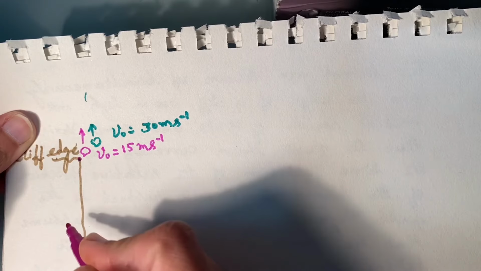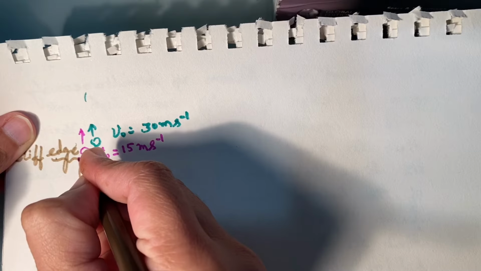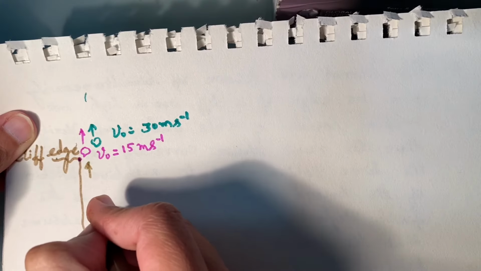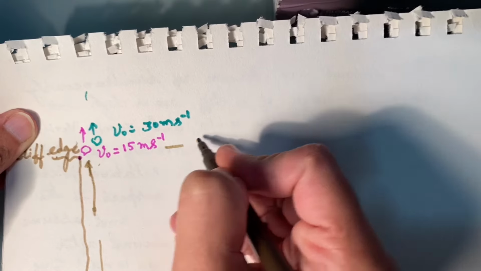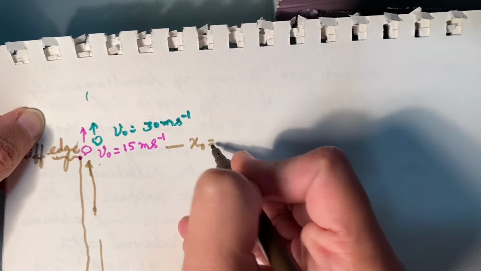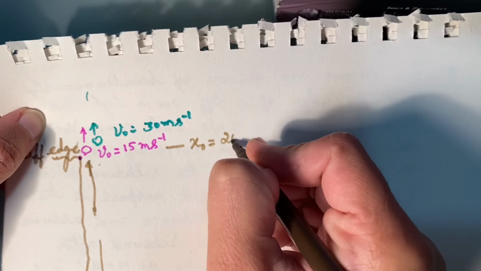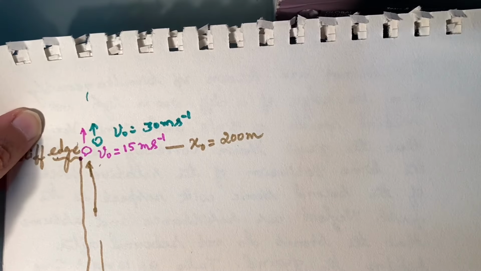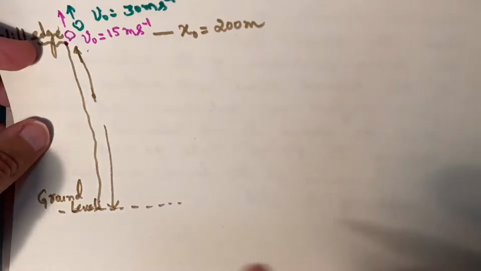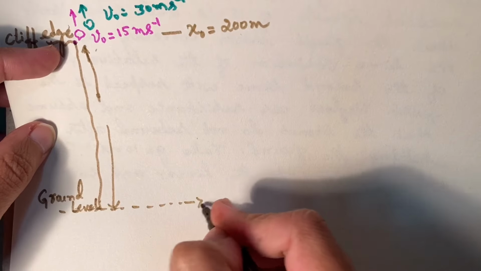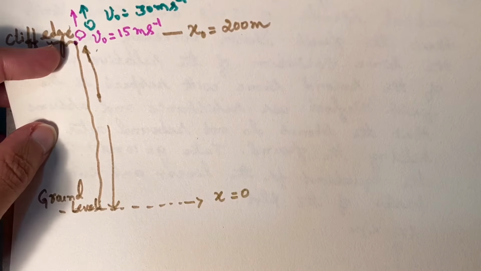Now, this is the initial position from where the stones were thrown. So I take the initial position as x0, which is nothing but the height from the ground level. So x0 is equal to 200 meter. If I call that x0, let me call the ground level x equal to 0.